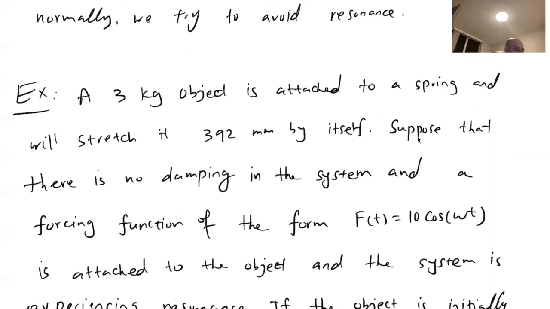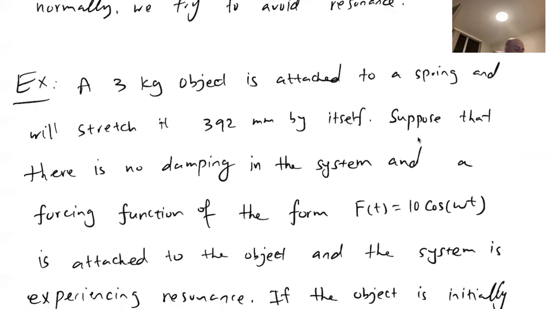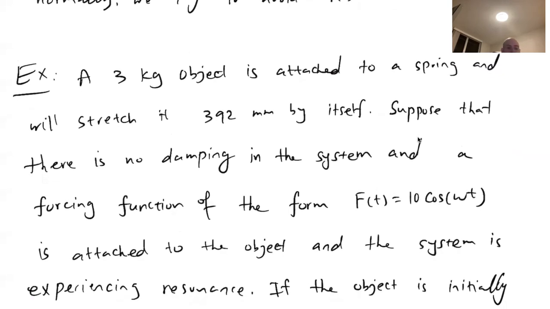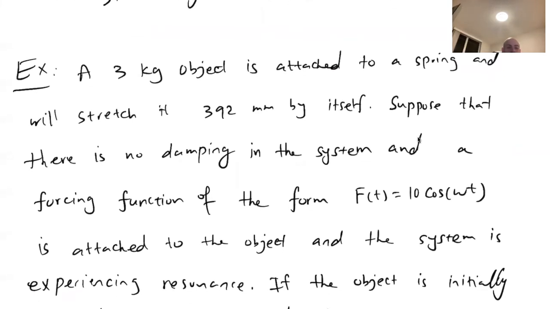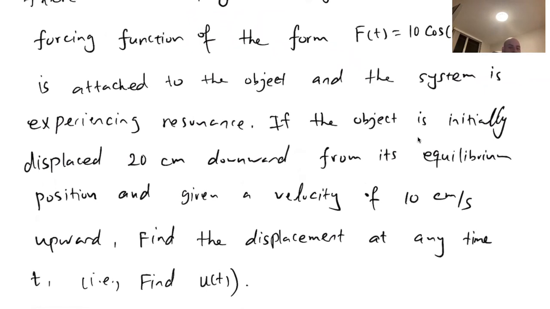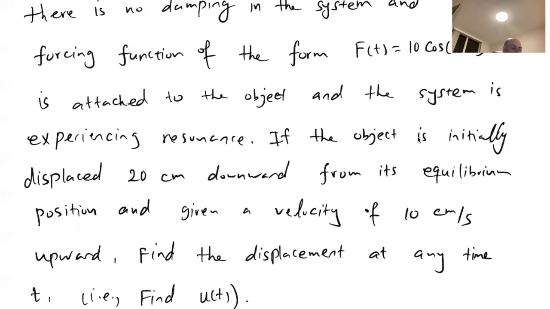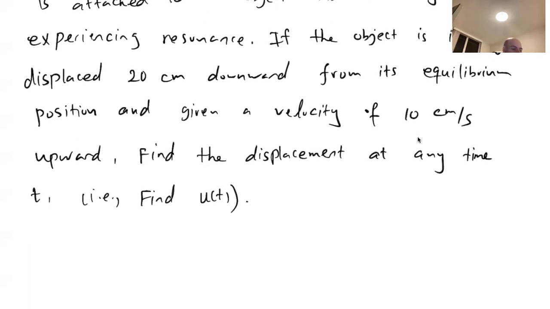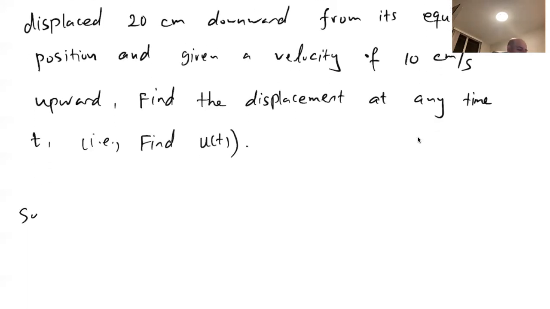Here the question says that we have a resonance. The external force is 10 cos omega t, and since we have resonance, omega must be equal to omega naught, the natural frequency.